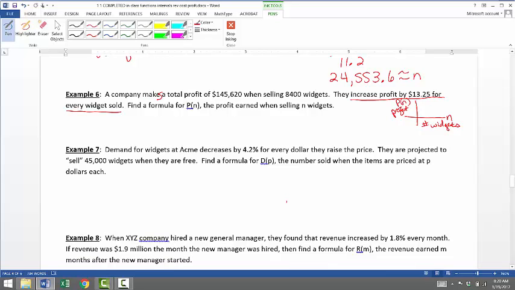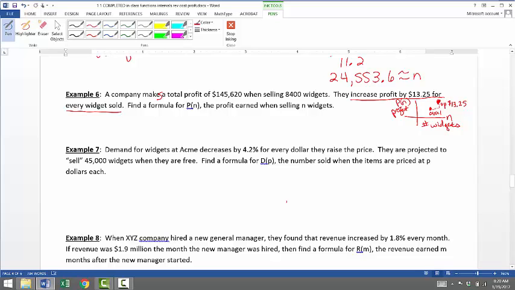If we were to pick a point on this graph, let's say there was a point here on the graph, the description of the second sentence is saying, if you increase one widget, so over one widget, it's going to go up $13.25 in profit, and then you'll land back on the profit function.